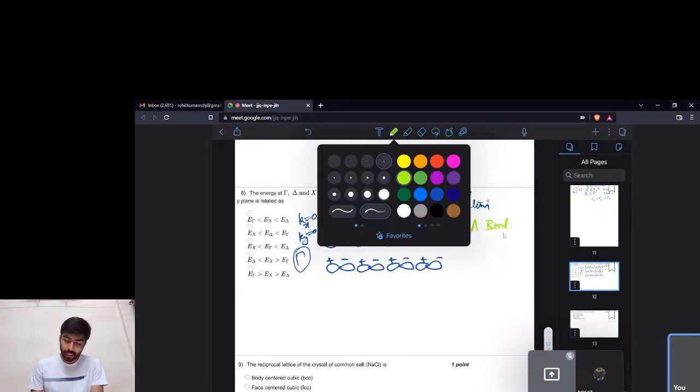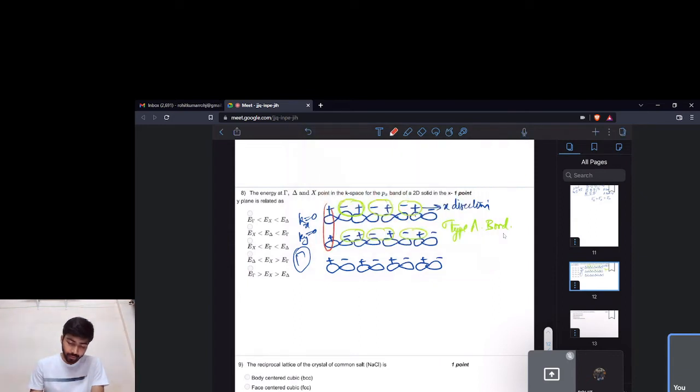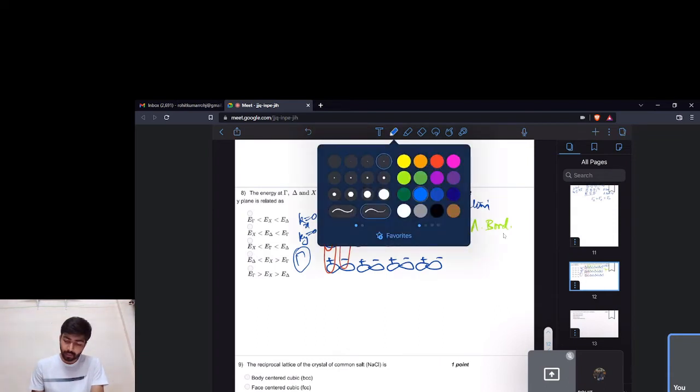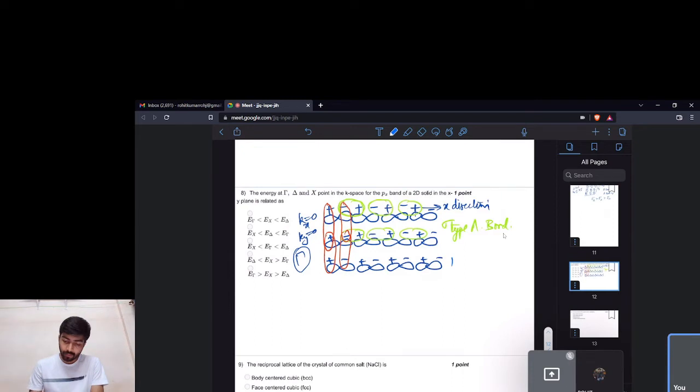And these two interactions, the vertical interactions, are pi type bonding interactions.